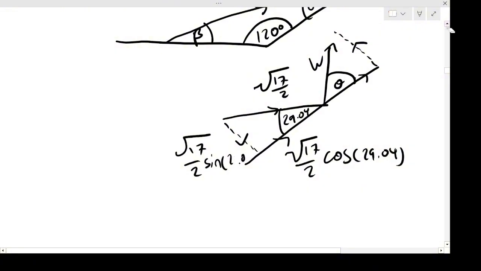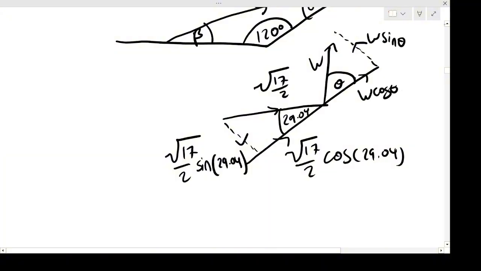Hang on, let me write that a bit clearer. So root 17 over 2 sine 29.04, and so this is going to be w cos theta and w sine theta here. So hopefully happy with this now.